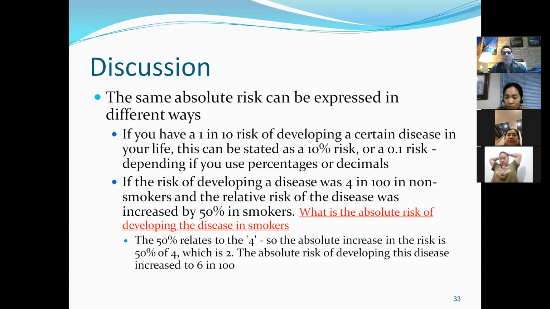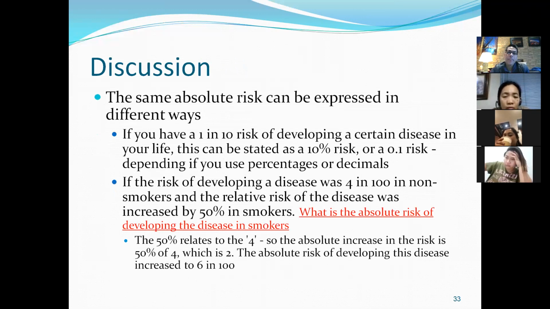So some discussion here about absolute risk. It can be expressed in different ways. You can say 1 in 10 risk of developing a certain disease in your life can be stated as a 10% risk or 0.1 risk, depending on whether you use percentages or decimals.